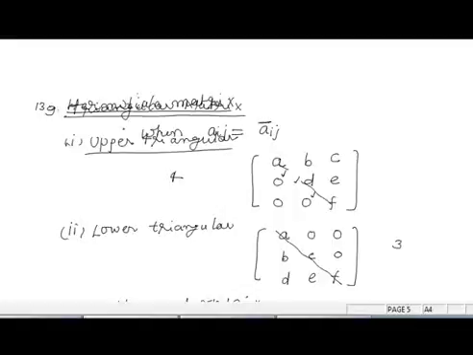In other words, it can be written as A theta is equal to A, and we have already seen that A theta means A bar transpose. If this is equal to A, then the matrix is called the Hermitian matrix.